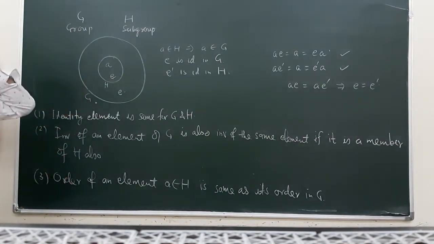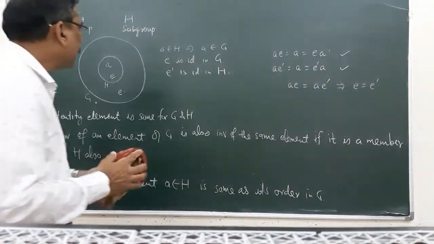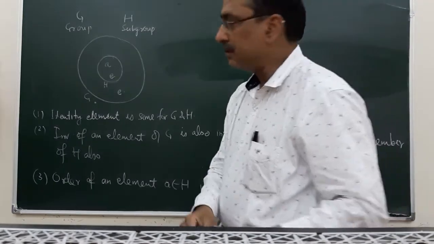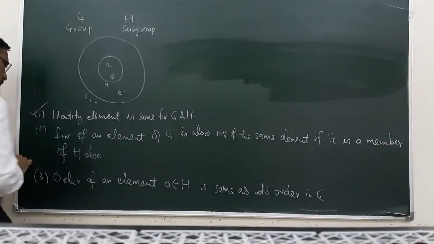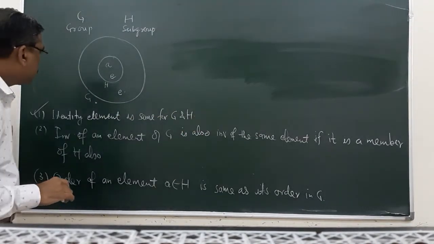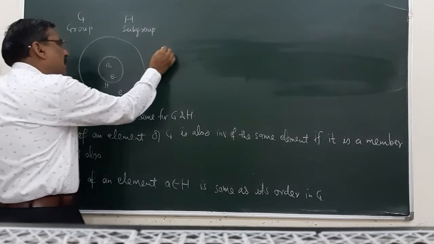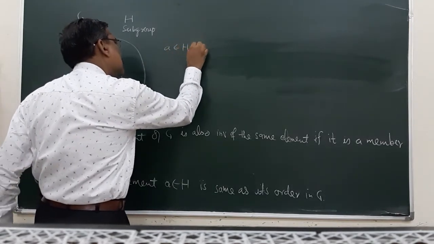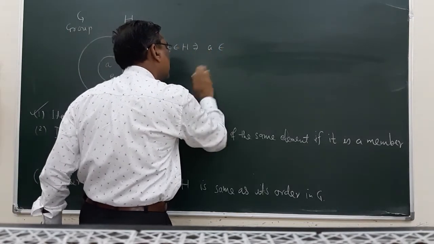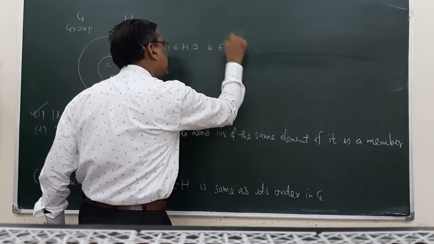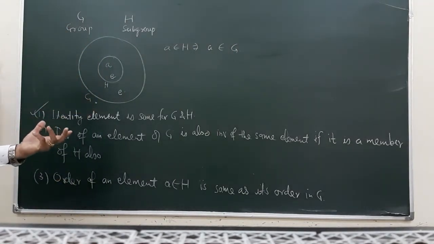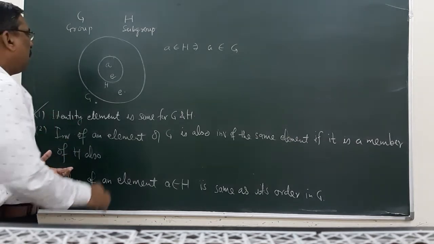Now inverse of an element. Now, this we have to prove: the inverse of an element of G is also the inverse of the same element. Say A is an element of H. This implies A also belongs to G. Now, let us suppose the inverse is not the same.